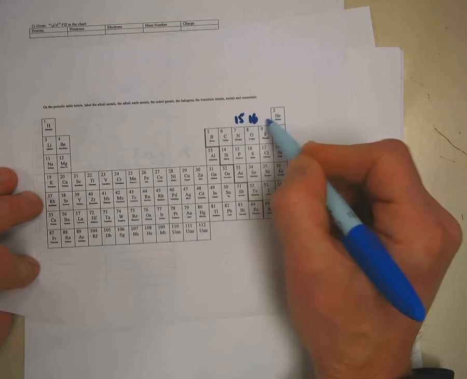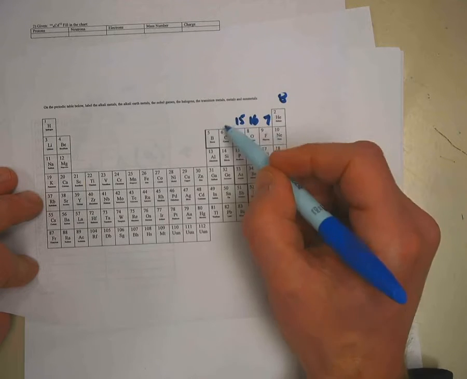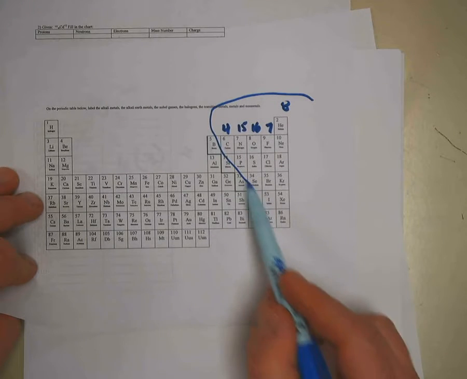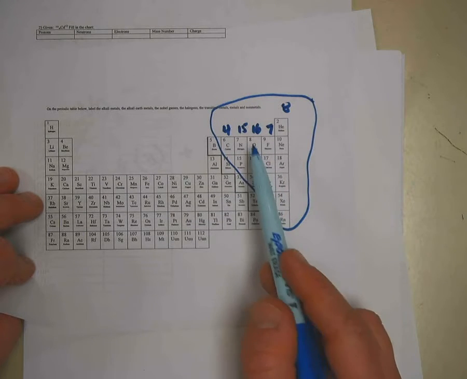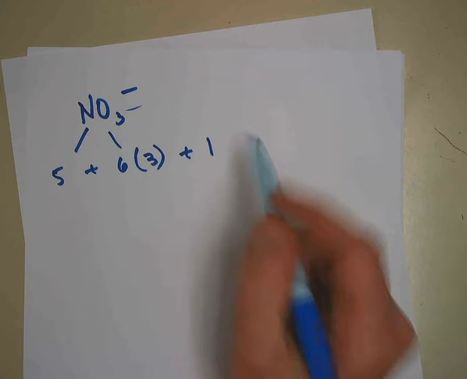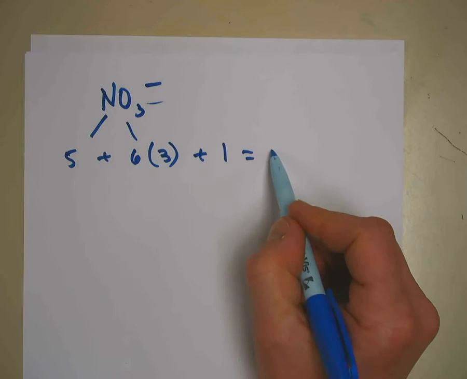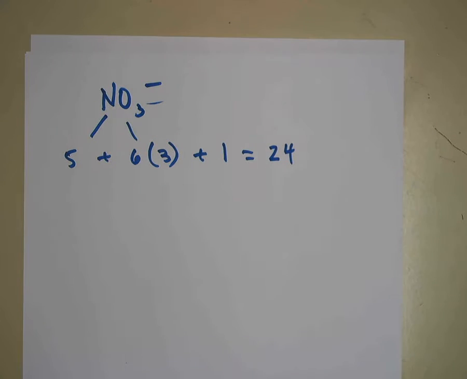I knew that oxygen had 6, fluorine would have 7, and any of the noble gases would have 8. Carbon, this group, would have 4. These are about the only ones you're ever going to see when you're drawing Lewis electron dot structures. You should just know those by their groups or families. Total number of valence electrons then: 18 plus 1 is 19, plus 5 is 24. So 24 total valence electrons.